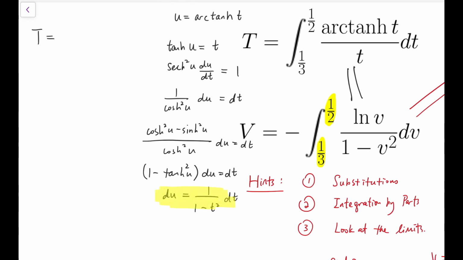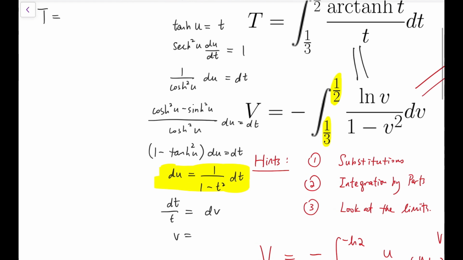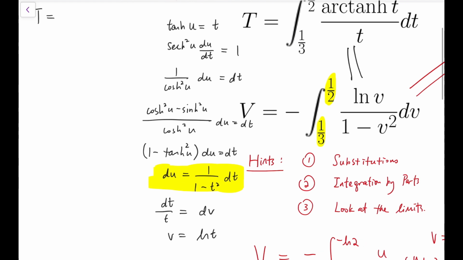And so this is the thing that we want to apply integration by parts to. And the second part is easier: for the other part of the integral, dt over t, I let this be dv, so v equals log t.